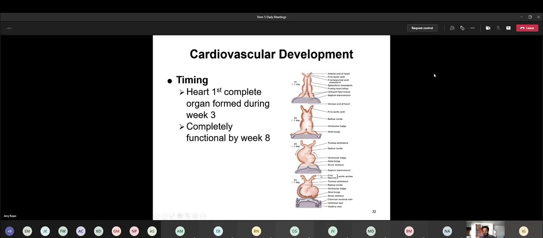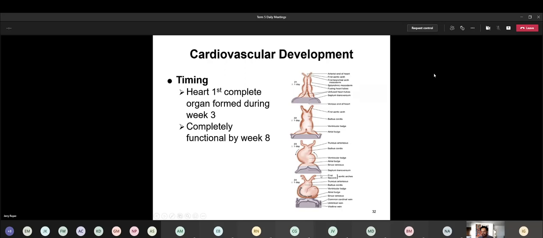And I'm not really going to get into all of these terms here on the side, so don't worry about remembering whether this is the bulbus cordis or the sinus venosus. One thing I wanted to point out is our heart starts off where the atria are on the bottom and the ventricles are on the top.